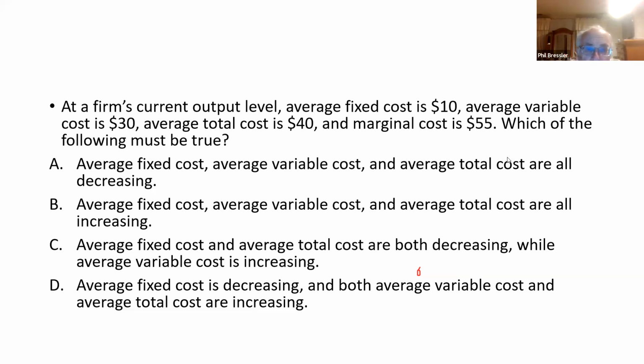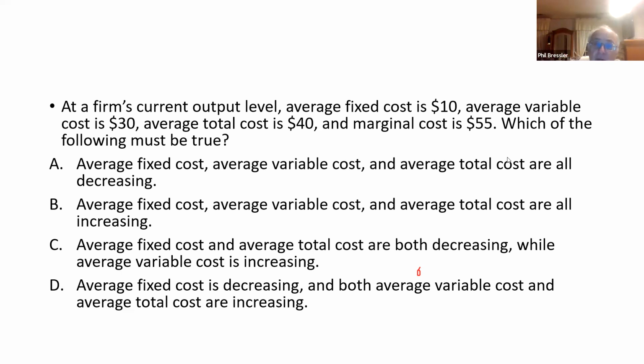Now, average fixed cost is decreasing. If marginal cost, think of marginal as your test. If average total cost is a 40 and you get a 55, your average total cost is going to go up. So average total cost has to be increasing. The same thing with average variable cost.